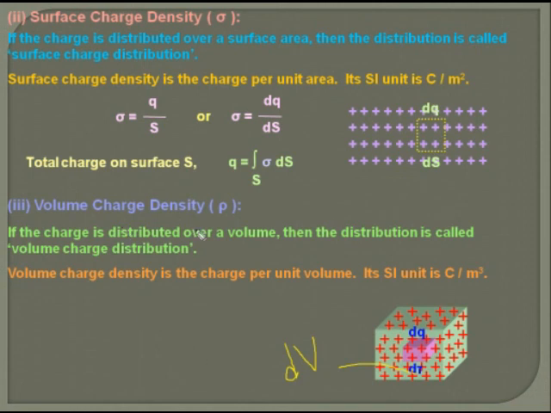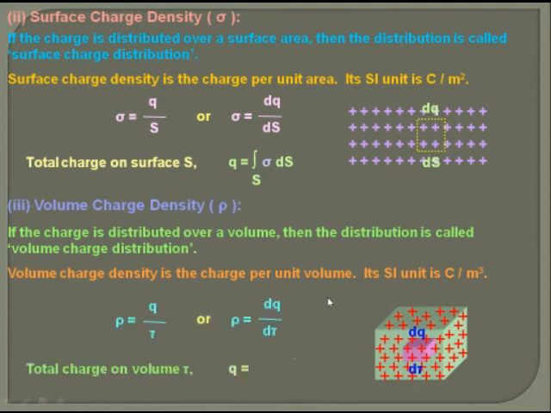So the volume charge density, that is rho, will be the charge per unit volume. Or if this cube has q charge and its volume is V, this is also equal to q upon V, because we are considering that the charge is distributed uniformly. I hope this is clear to you. Now let's talk about its unit also.